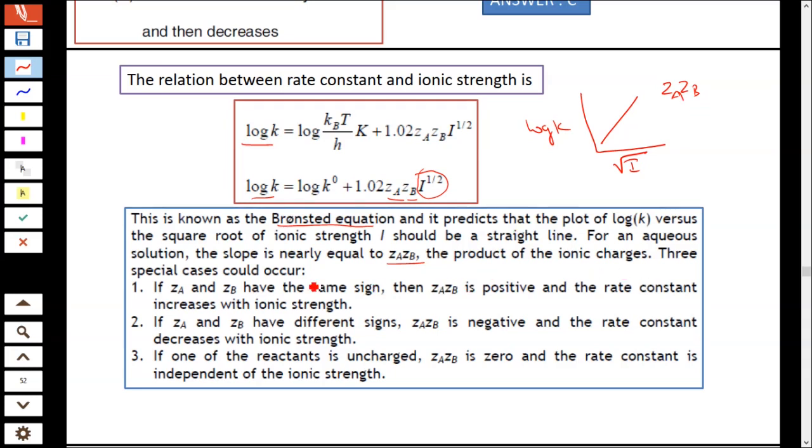You see, there are three special cases. If ZA and ZB have the same sign, that is, both have a negative sign or both have a positive sign, the product is positive, and the rate constant increases with the ionic strength.